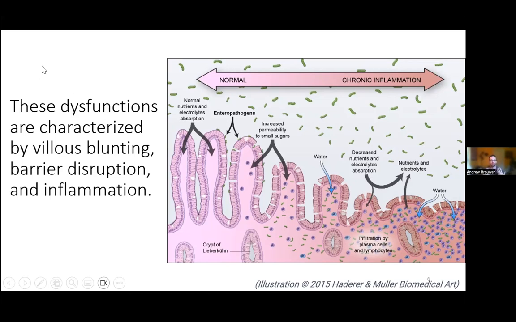And they become more permeable, meaning that they're letting into the bloodstream things that probably shouldn't be in the bloodstream, like bacteria or molecules that are too large. This also comes along with chronic inflammation as well. So this constellation of traits we typically see.